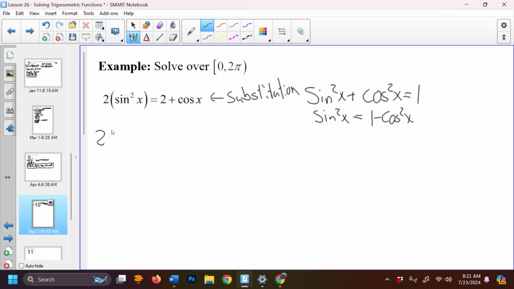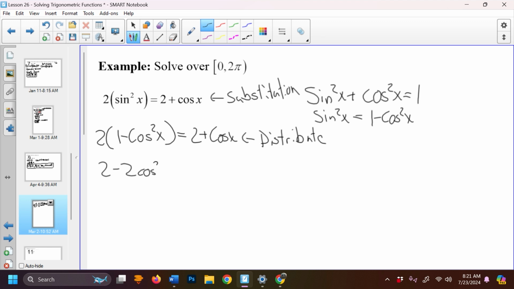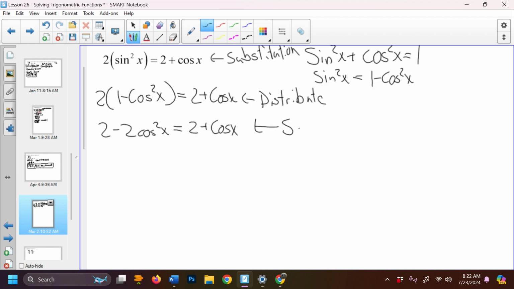And say that this is 2 times 1 minus cosine squared x equal to 2 plus cosine x. And here I will distribute. That'll give me 2 minus 2 cosine squared x equals 2 plus cosine x. And I want to set this equal to 0.